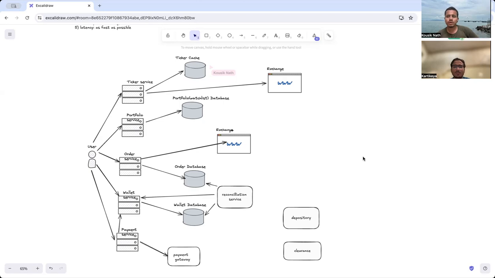So now we have said that the user will be connected to the ticker service through a server sent event connection, and here we have just assumed that there is a single server to which the user is connected.